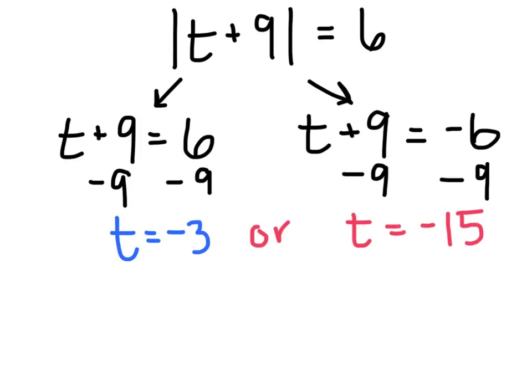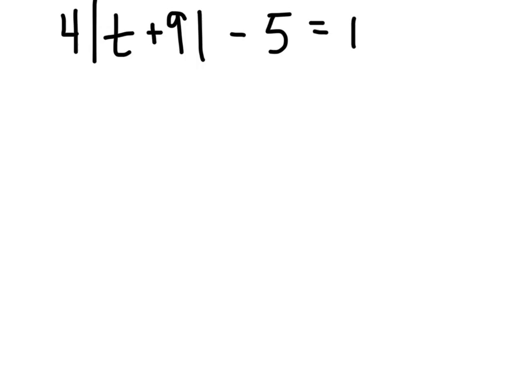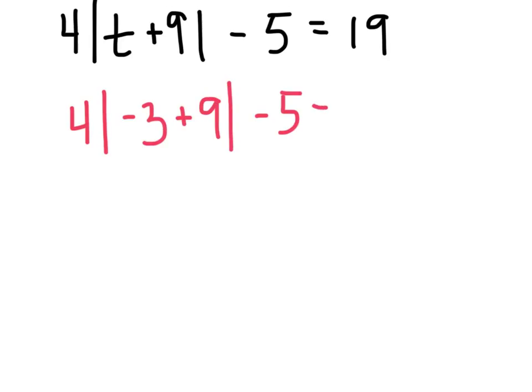which I can check just like I did before by plugging in the values for t. So here was my original equation, 4 times the absolute value of t plus 9 minus 5 equals 19. So let's first check our answer, negative 3. 4 times the absolute value of negative 3 plus 9 minus 5 should equal 19.